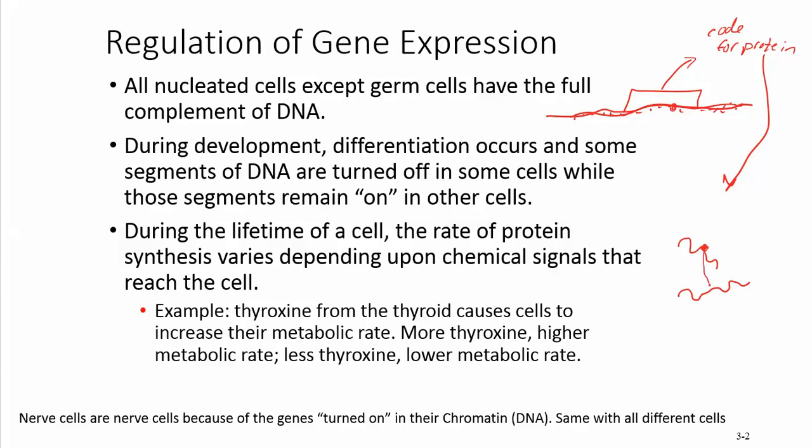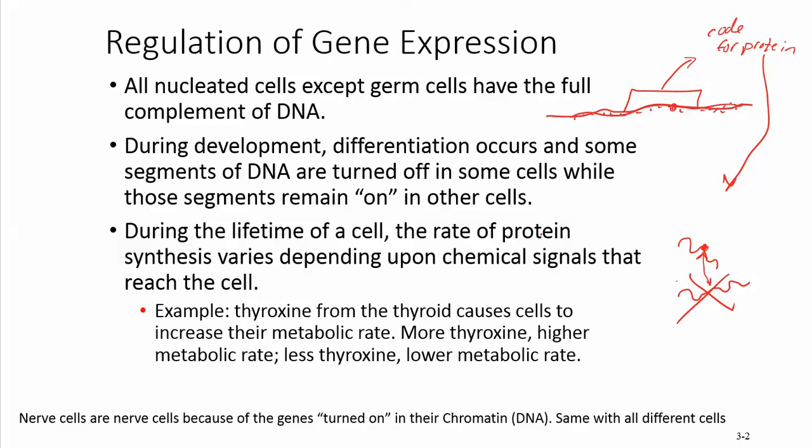So it may not fold properly in this area, and then you have a protein that is just not going to work, and that's a mutation. That would be a bad mutation, and if you need that for something like vision or some other process, well, that protein isn't going to work.